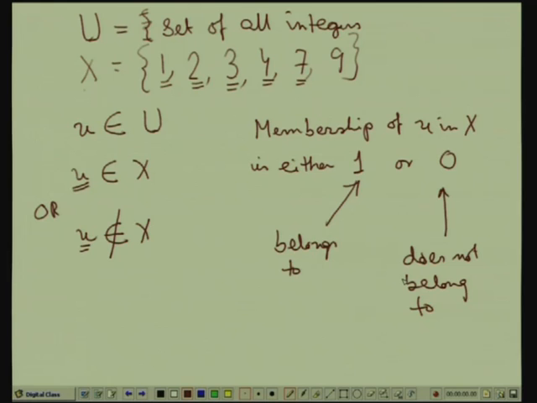There is nothing in between. Whereas, in the case of fuzzy set, the thing is different. So, we will use the same notion of membership, but if I now change this set to a fuzzy set, then let us see how we can talk about it.